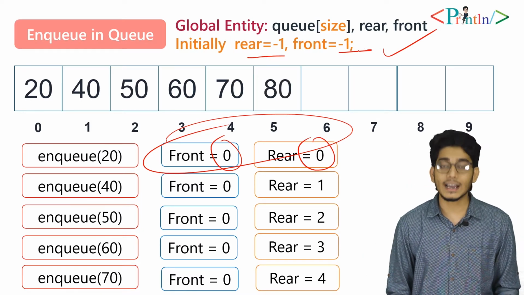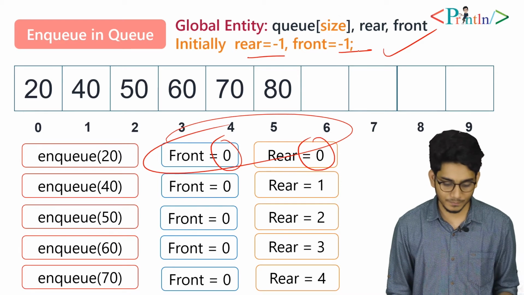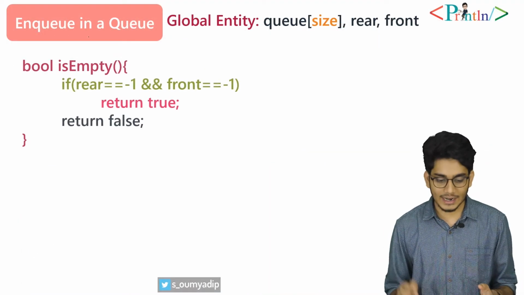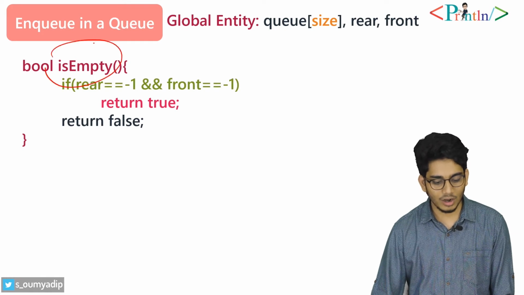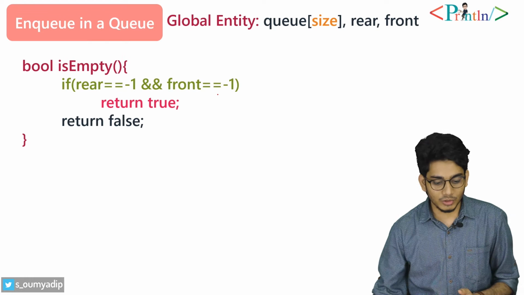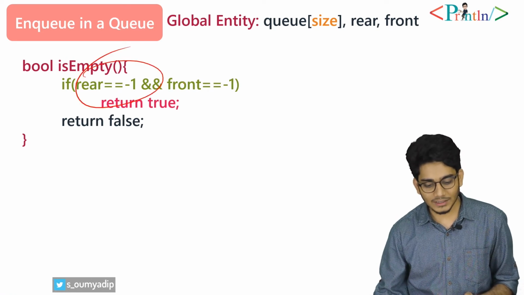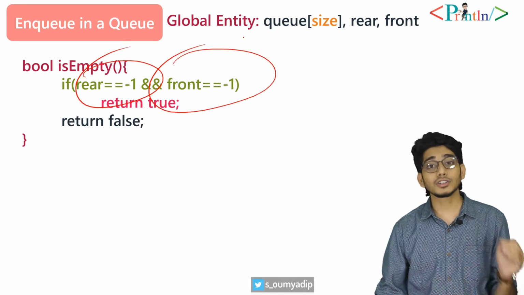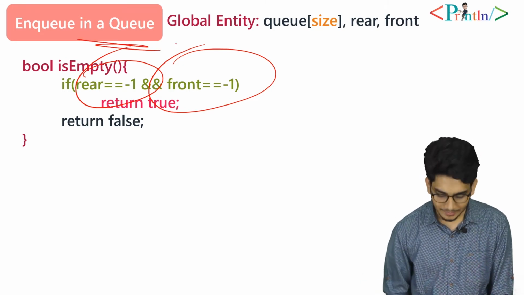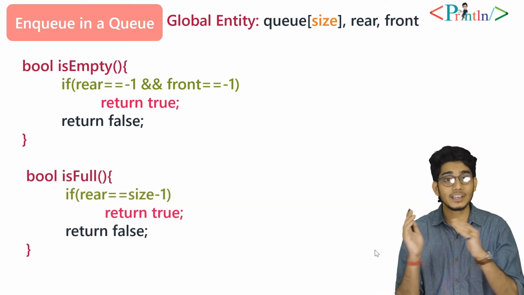Now we'll see how we can implement enqueue. At first we have to check whether our queue is empty or not. How can we say that our queue is empty? If rear equals -1 and front also equals -1, then our queue is empty. And how can we say that our queue is full?